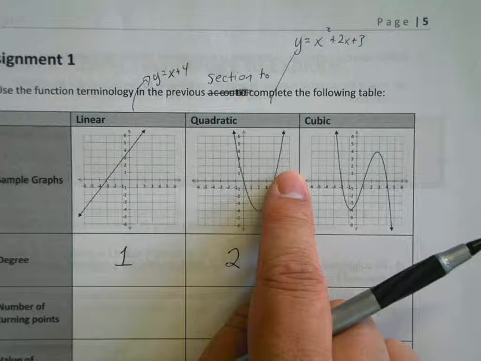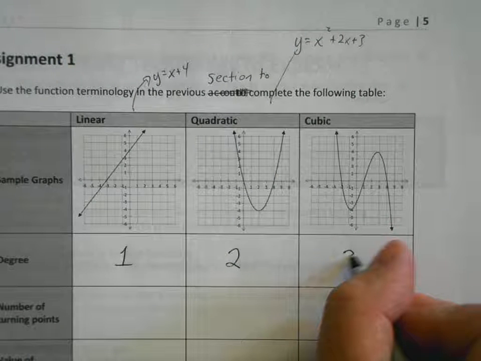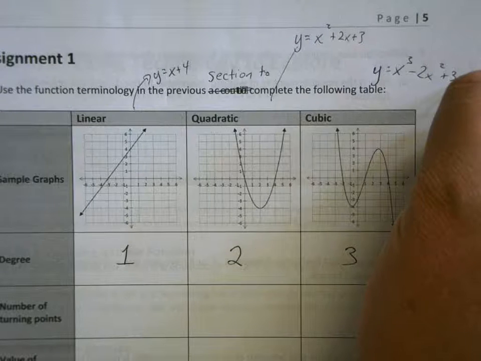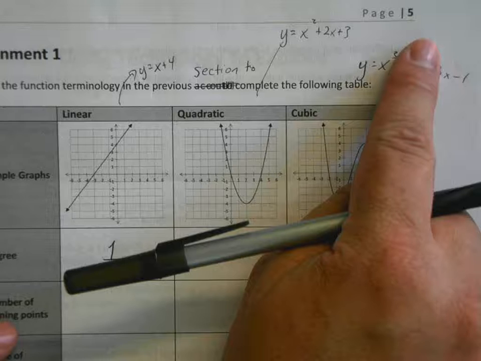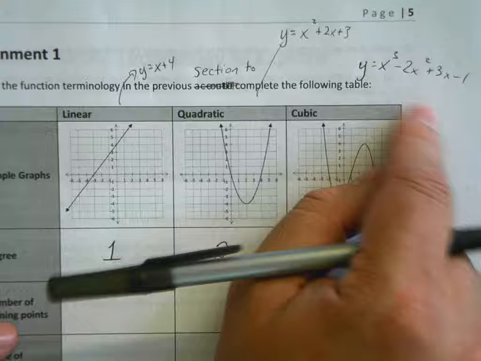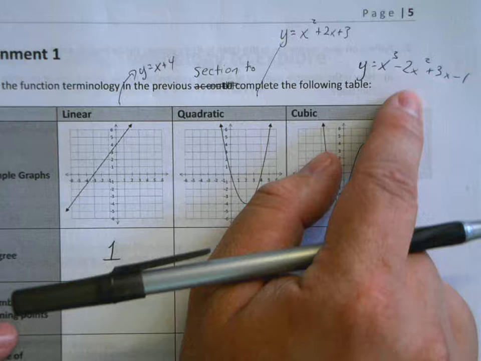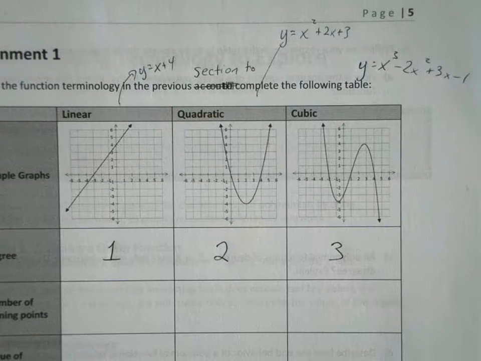And then for a cubic, 3. Could look like this. Right? It doesn't matter what the other exponents are, or even if they're there, it's the highest exponent in the thing. Again, this equation does not match this graph. Okay? I'm just putting a sample up there.